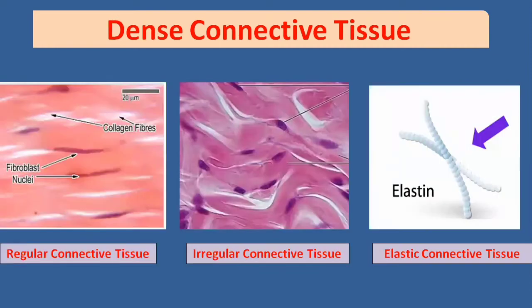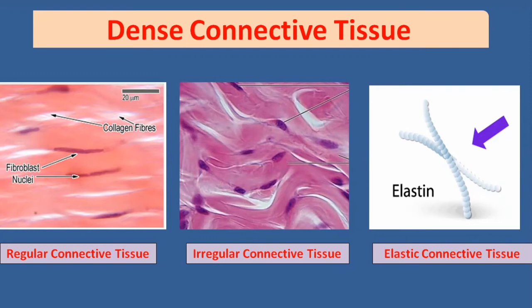The other type of connective tissue proper is dense connective tissue, which has more fibers and less intracellular space. Dense connective tissue is of three types: regular connective tissue, irregular connective tissue, and elastic connective tissue. Let's see the function of each.